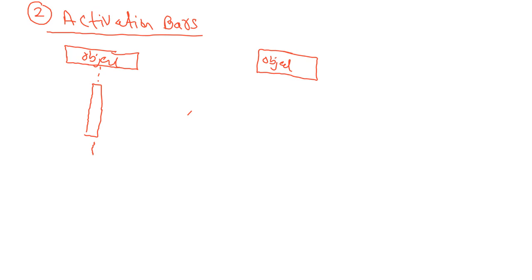You have another object here. This also has an activation bar, and you see this wants to send a message like this. What is this? This is a message. Object 1 is sending a message to another object. It will be shown like this.